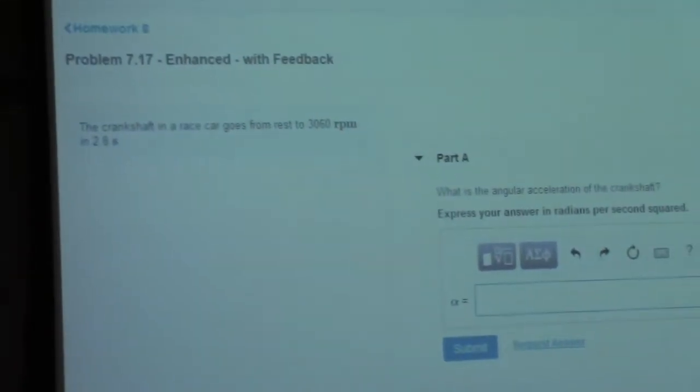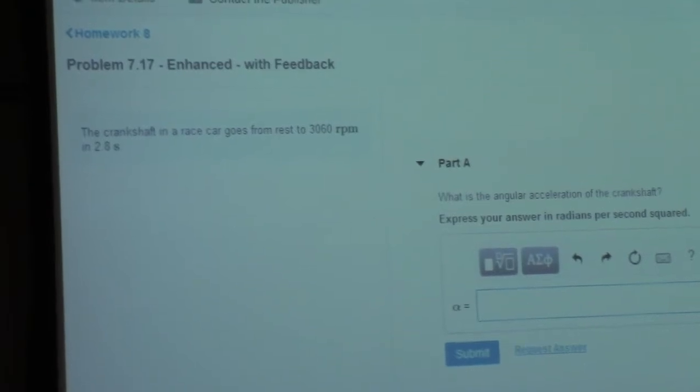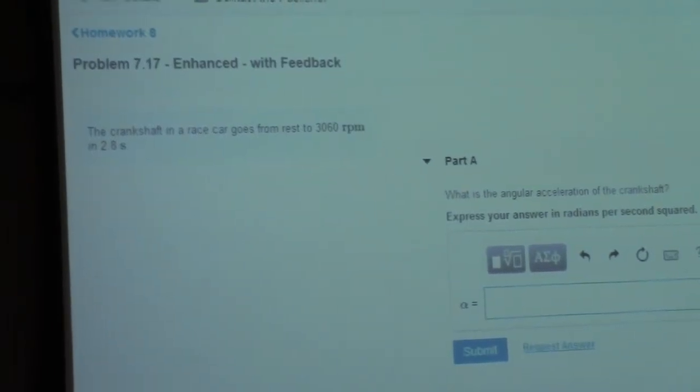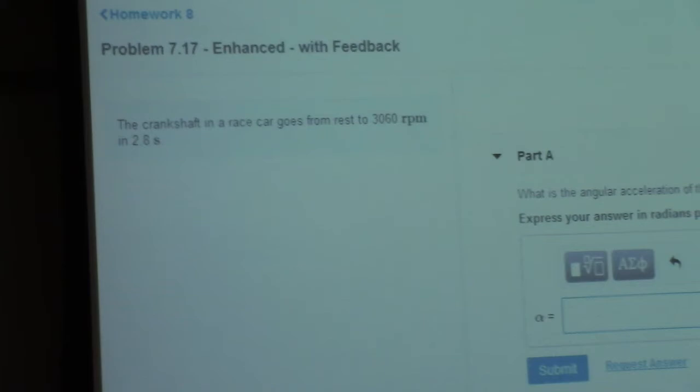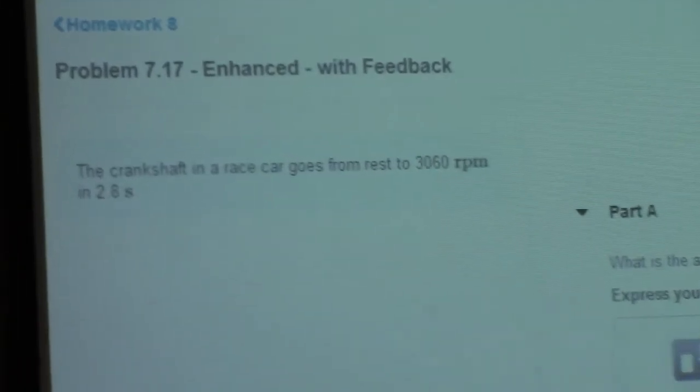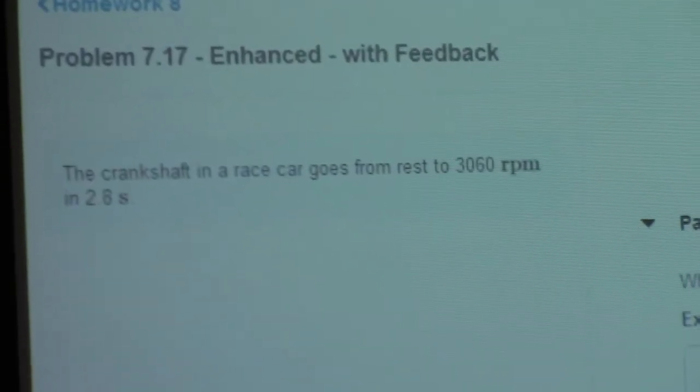All right, so I thought we could start with some homework problems from homework 8. So we've done a few of these already. I thought we could talk about this one. The crankshaft in a race car goes from rest to 3060 RPMs in 2.8 seconds.